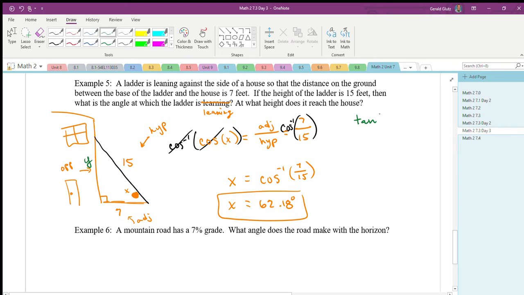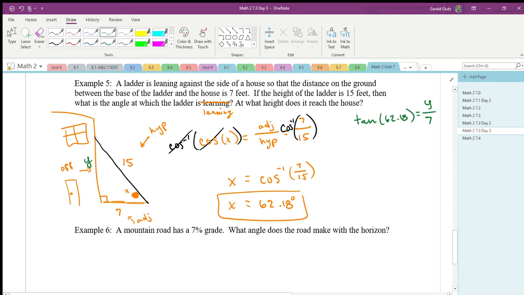So tangent of the angle, 62.18, equals the opposite, y, divided by the adjacent, 7. You could have also used sine, and you would have had sine of this angle equals y over 15, and you get the same answer.